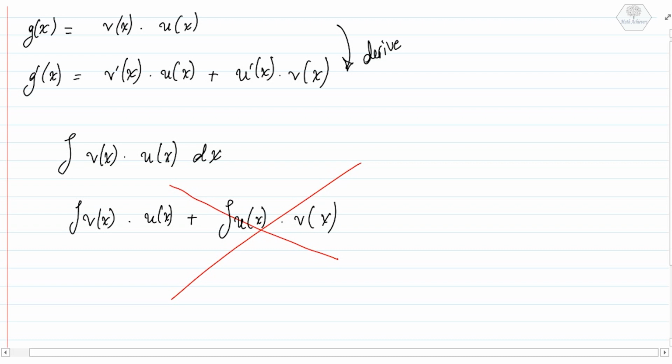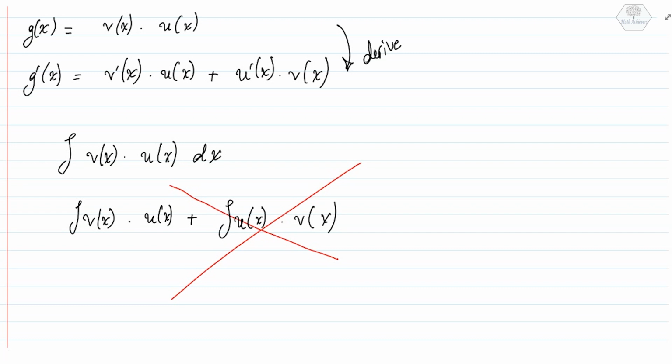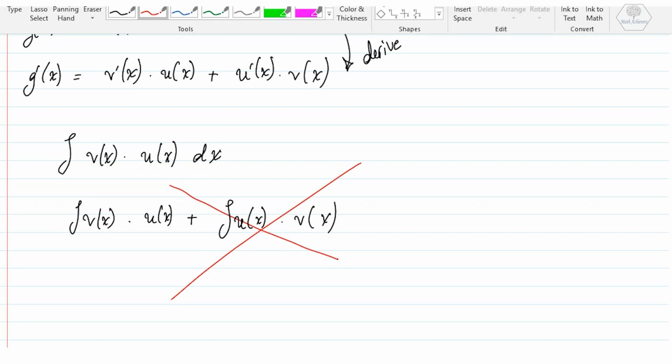We don't have what is called a product rule while integrating two functions multiplied by each other. We don't have a quotient rule, and we don't have the chain rule. So when we want to integrate two functions multiplied by each other, we have a method called the substitution method.